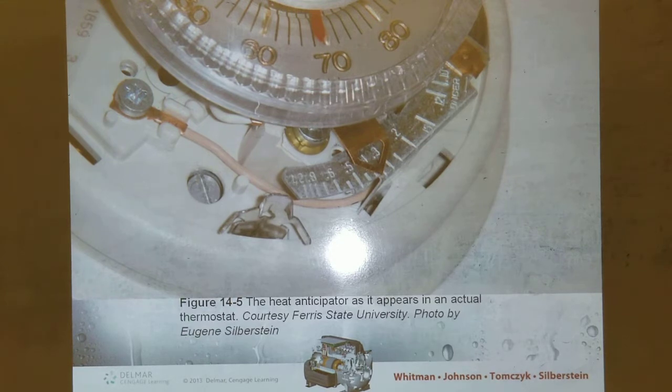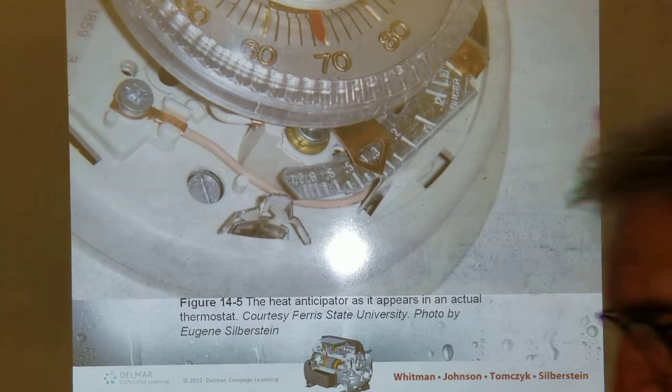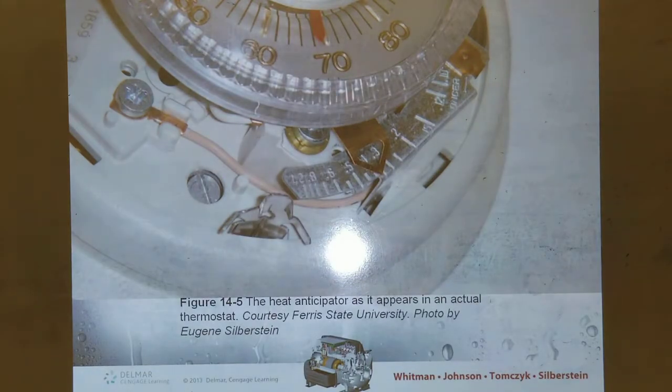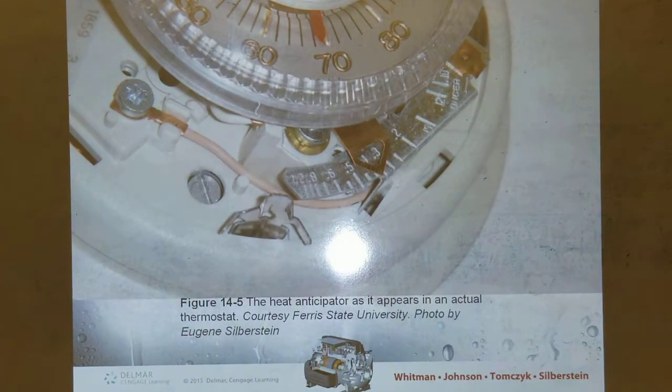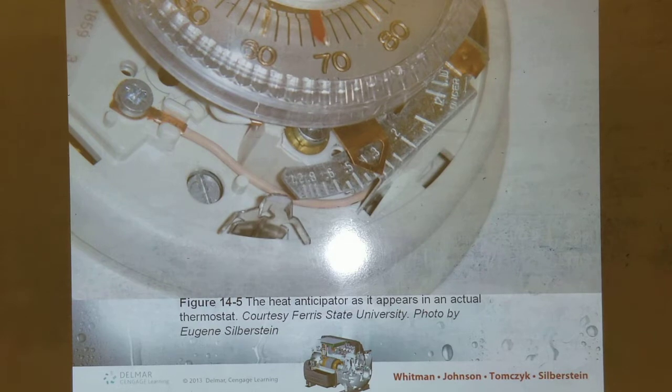So here on this one there is a heat anticipator. This one is a really thin wire. So we'll look at that and check that out. As far as heat anticipators, they're only on analog thermostats, like the ones I just handed out.